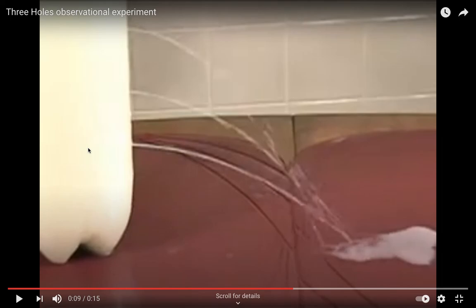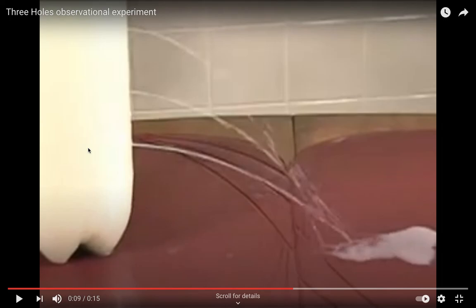Anybody wants to try? High pressure where? Okay, so high pressure at the bottom of the bottle causes, good, thank you very much.